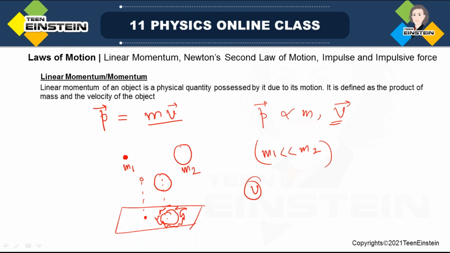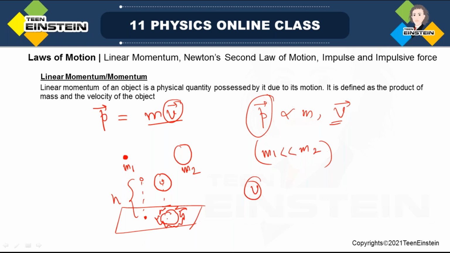So what is different here? Since the mass is different, the linear momentum, the product of mass and velocity, is different. Even though the velocity is the same because the height is the same, the bigger mass has greater linear momentum which could break the glass slab.